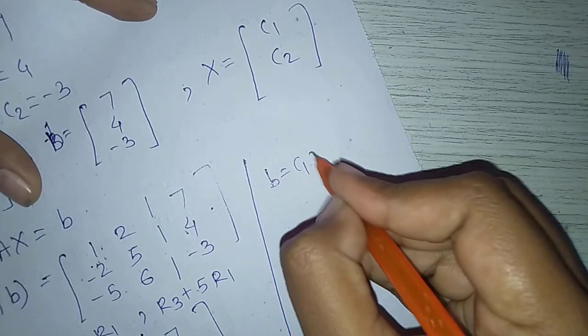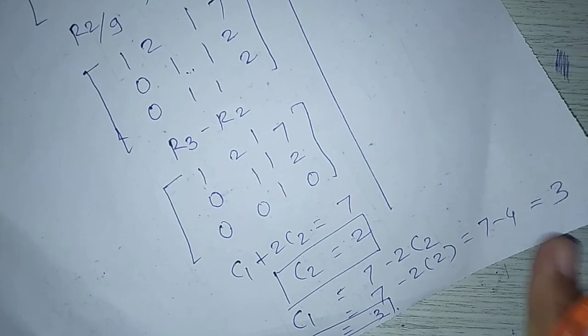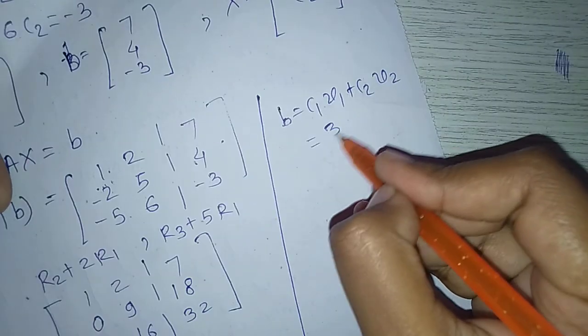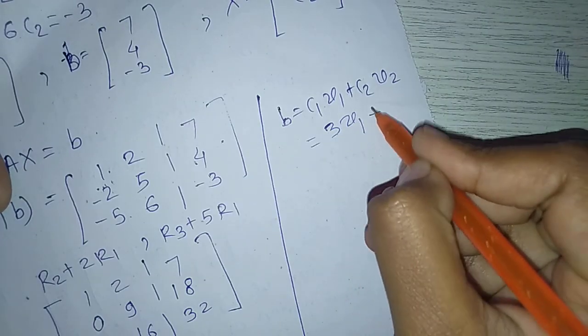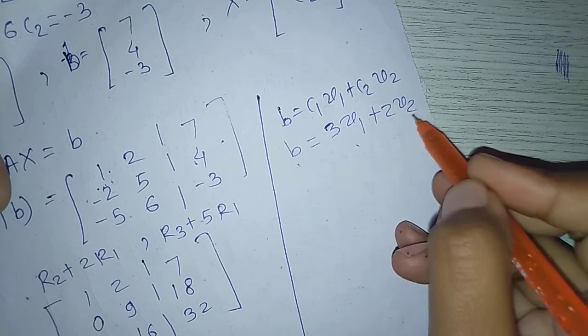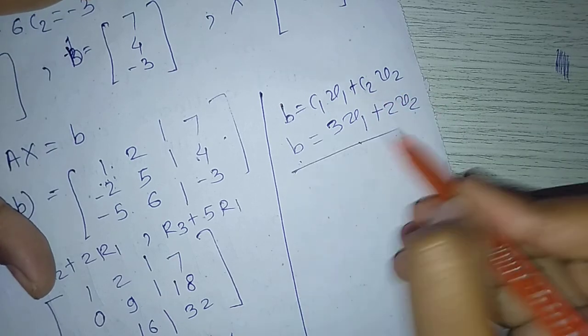So we have b equal to C1 v1 plus C2 v2. C1 is 3 and C2 is 2, meaning b equals 3 v1 plus 2 v2. b is a linear combination of v1 and v2 because the values of C1 and C2 exist.